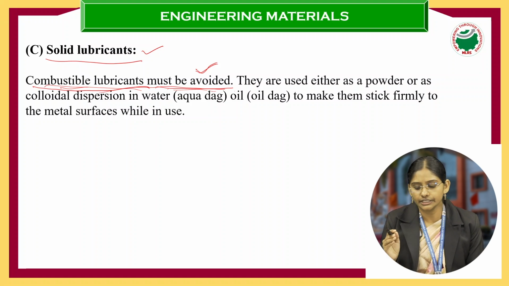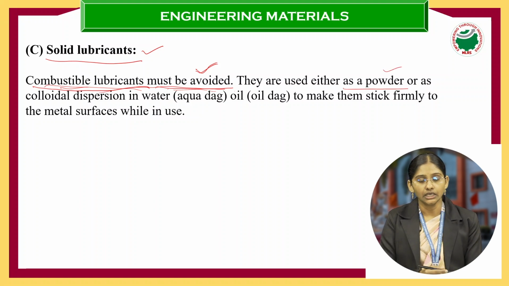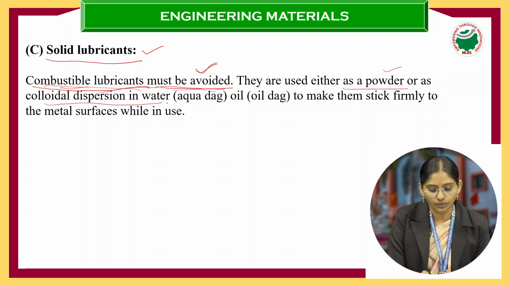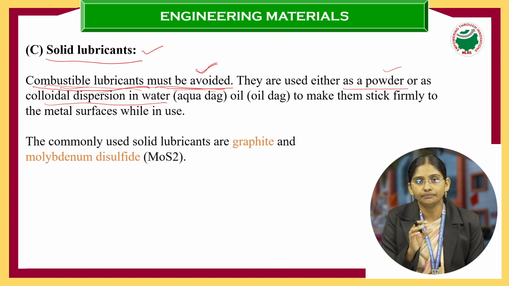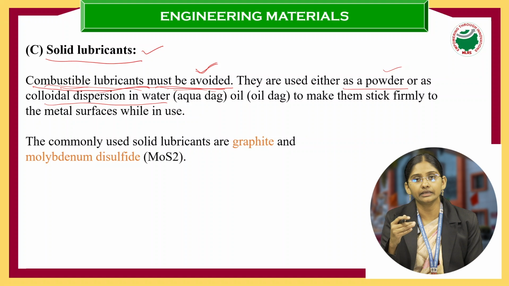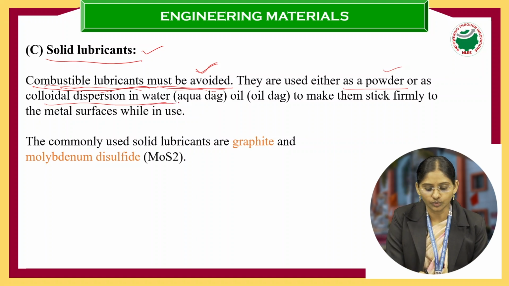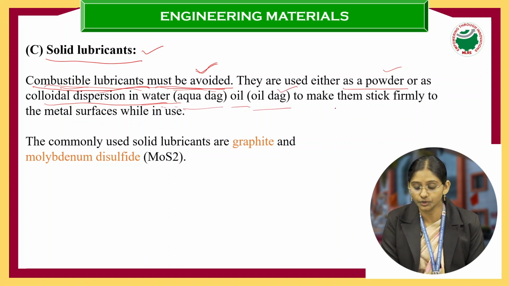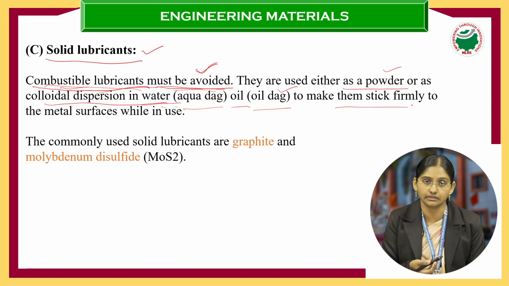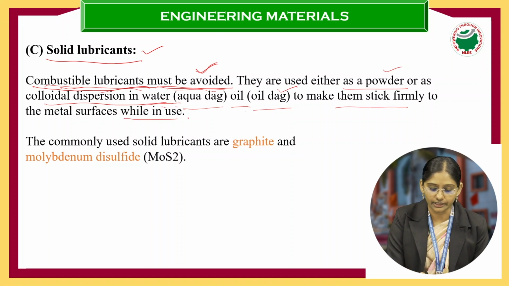These solid lubricants are used either as a powder or in a colloidal dispersion in water. That means this solid powder lubricant is added with water, which is called aquadag, or it is added with oil, which is called oildag, to make them stick firmly to the metal surface while in use.